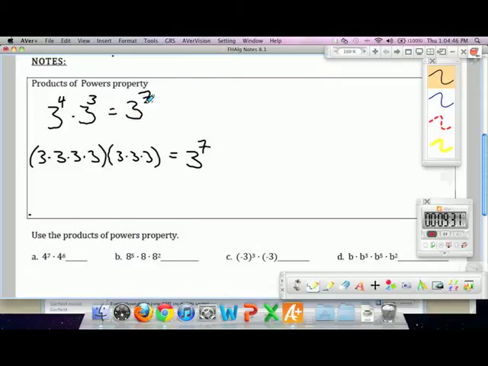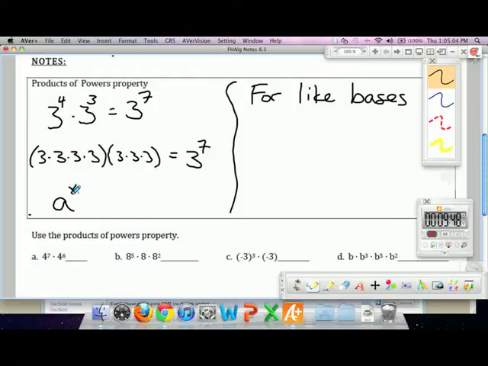The product of powers property says the following: for like bases, with the base being the bottom, and what's above, the superscript, being called an exponent.